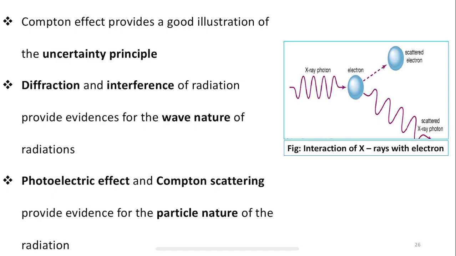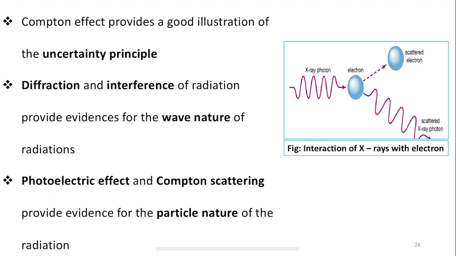In the same way, in the Compton effect the energy changes, and it will also result in a change in the momentum. Consequently, the momentum of the electron cannot be determined with certainty. Not only the momentum, even the energy: by considering both energy and momentum, we cannot predict it with certainty. That means the exact energy cannot be found or determined.